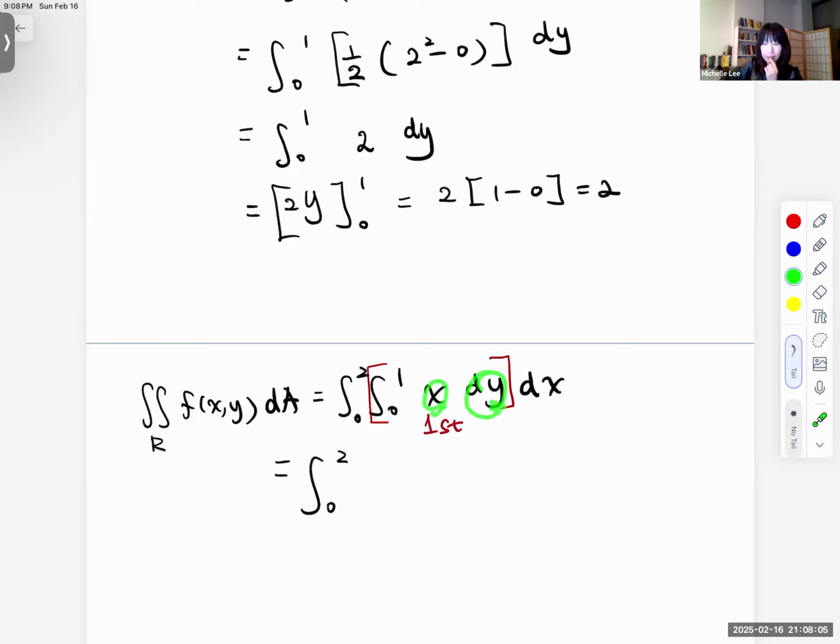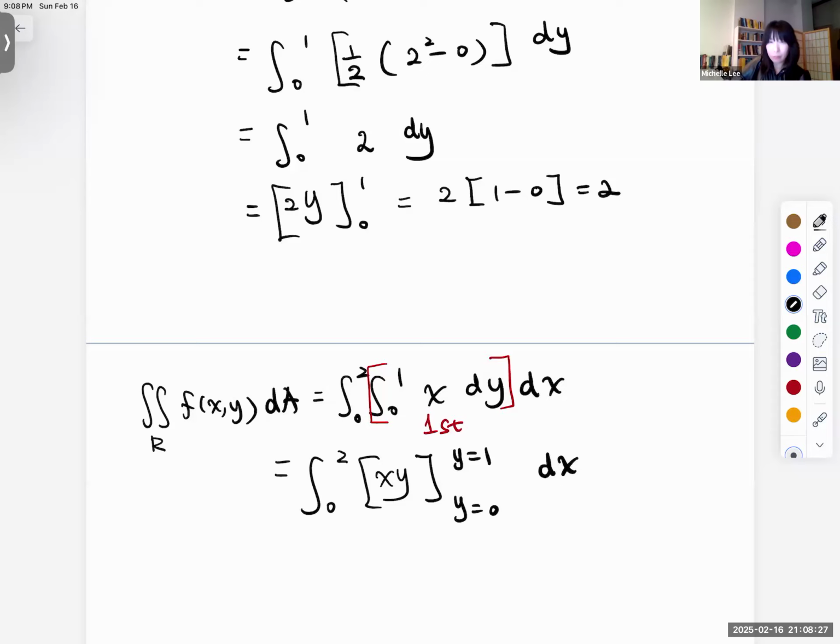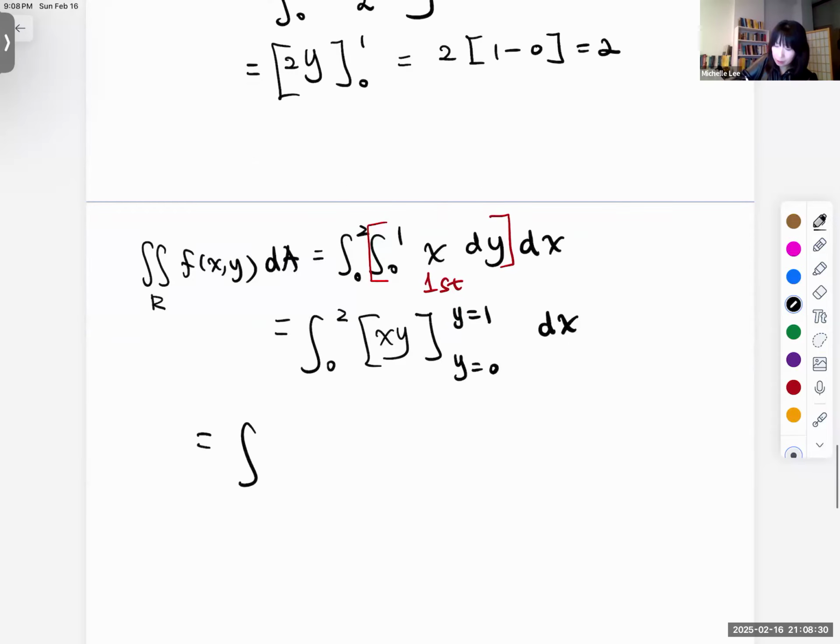Okay, then x is a constant, so we will get xy, right? Because x is constant. All right, then we have to evaluate. In that case, we get confused about which one we have to evaluate, right? So we have to write down y equals 0 to y equals 1, right? All right, then from 0 to 2, we leave x outside because x is constant, right?